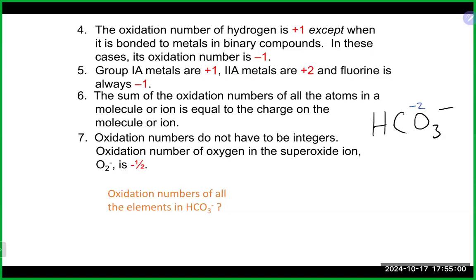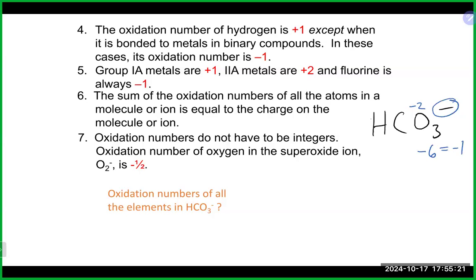There are 3 of them, which is going to give us a grand total of -6, 2 for each of them, right? And there's 3 of them. Now, this thing does have an overall charge of -1 bicarbonate, which means when I add up all my oxidation numbers, it does need to equal -1.